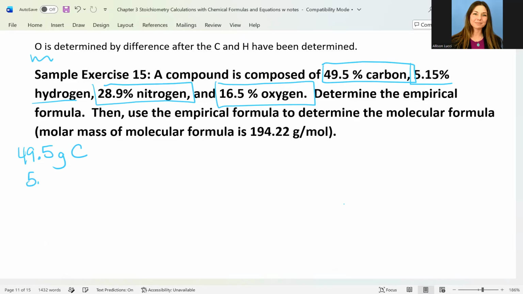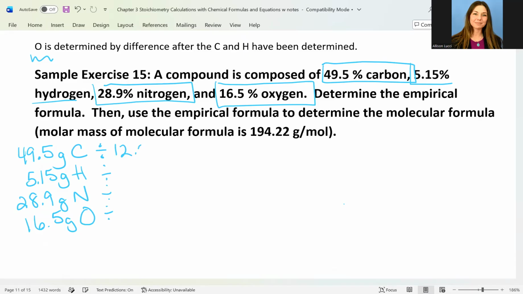So that will give us 49.5 grams of carbon, 5.15 grams of hydrogen, 28.9 grams of nitrogen, and 16.5 grams of oxygen.